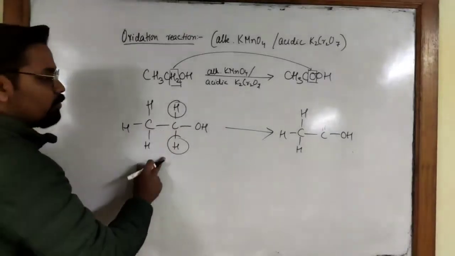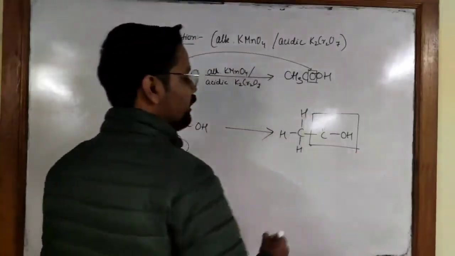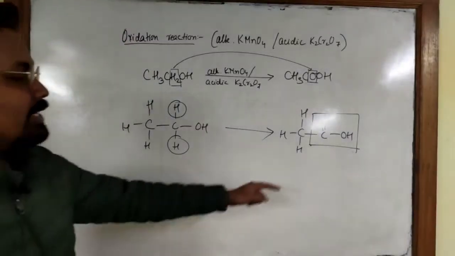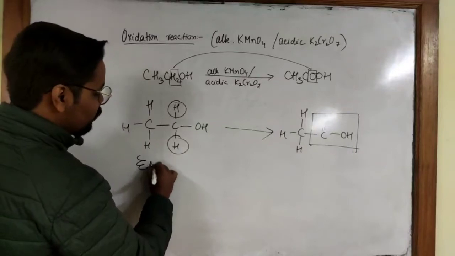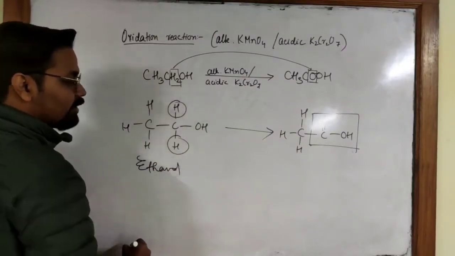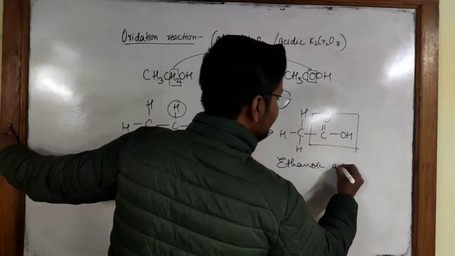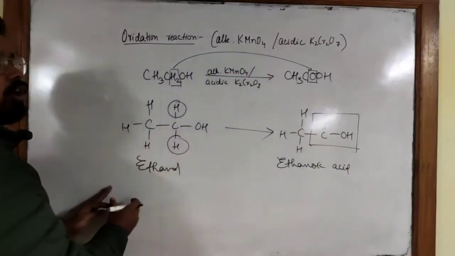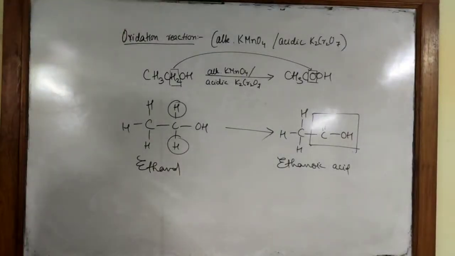Two hydrogens have been removed to accommodate one oxygen. The functional group here is the carboxylic acid functional group. So we have taken ethanol and converted it to ethanoic acid. That means we can convert an alcohol into a carboxylic acid by using an oxidation reaction.